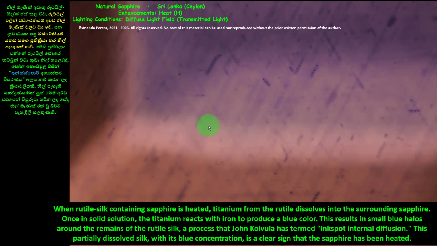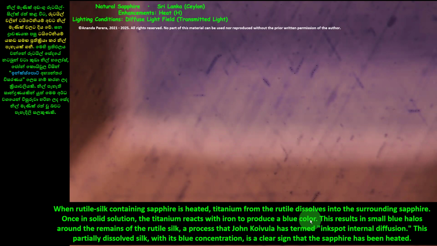Once in solid solution, the titanium reacts with iron to produce the blue color. You can see the blue color because titanium and iron give this blue color after dissolving into the gemstone.